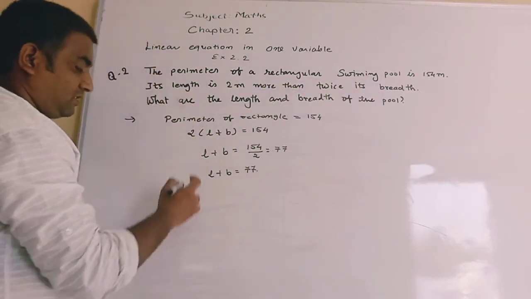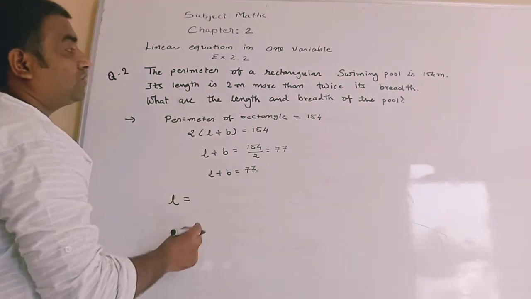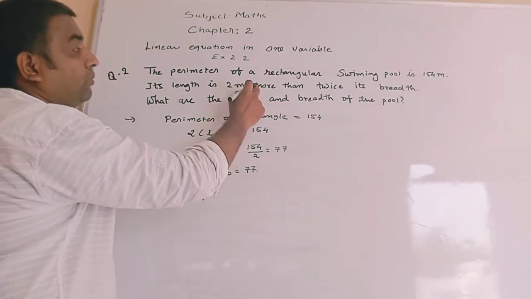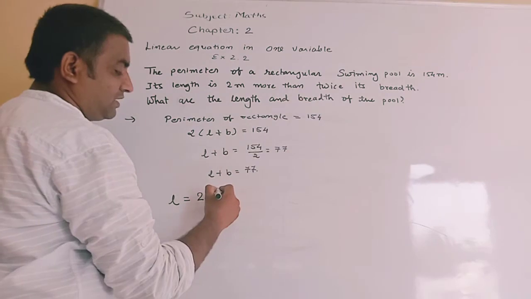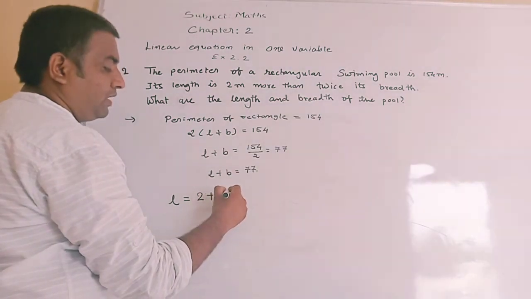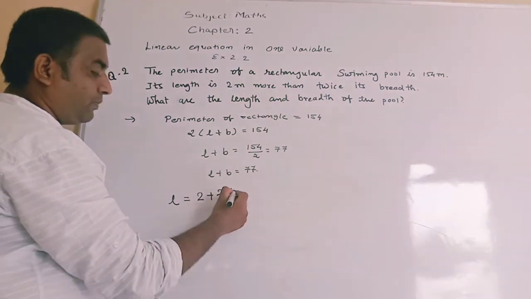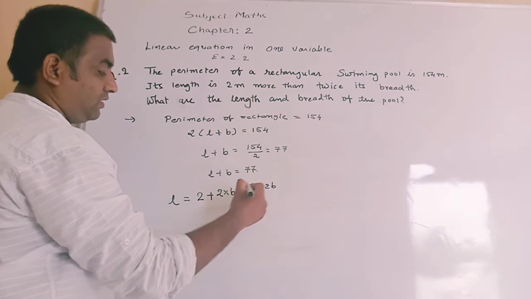So length, L, equals 2 meters more, so 2 plus twice its breadth, 2 multiply B. So L is equal to 2 plus 2B.